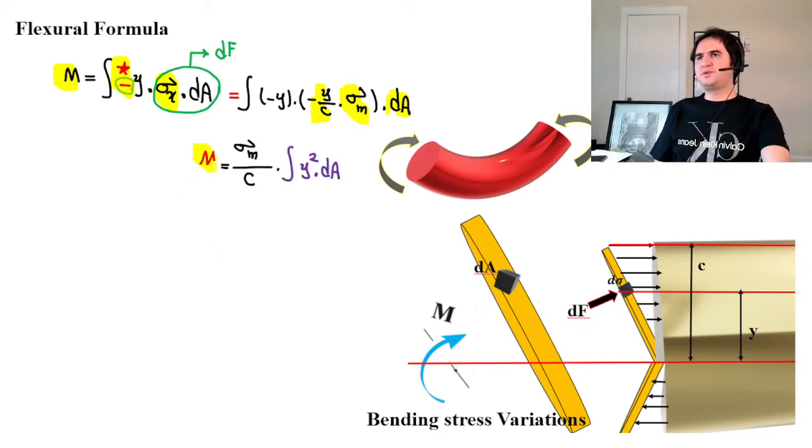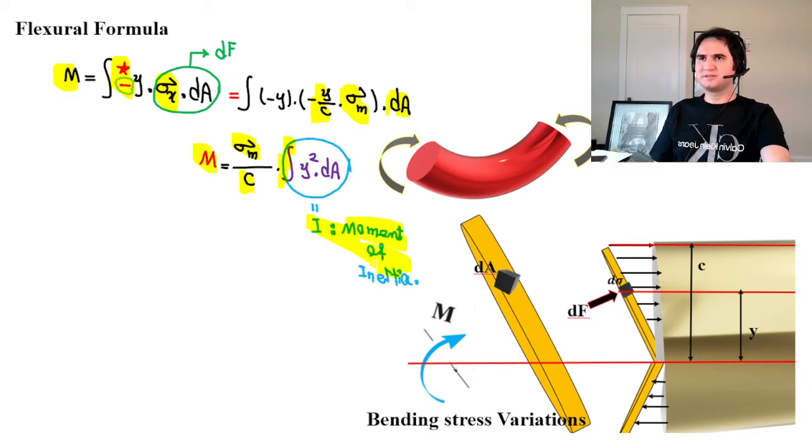And that gives you M. A moment is just, take the constant out of the integration, that's sigma max over c, and inside the integration is y squared dA. And if you remember, y squared dA is the second moment of area, or moment of inertia. Do you remember that from previous chapters?